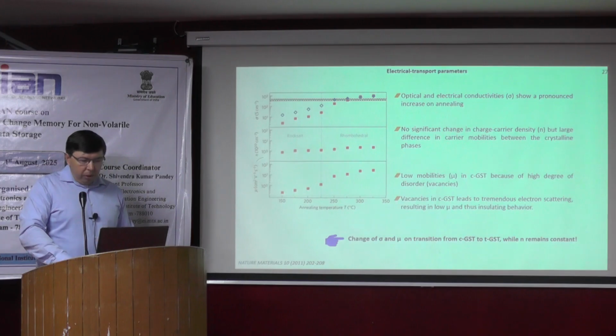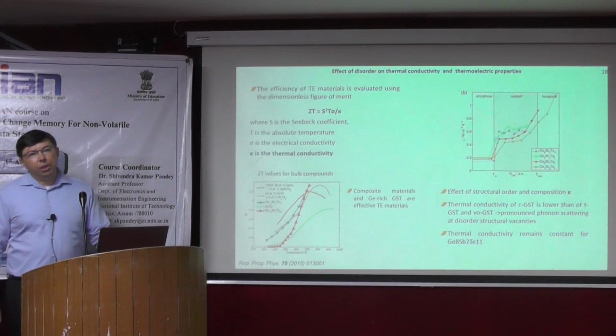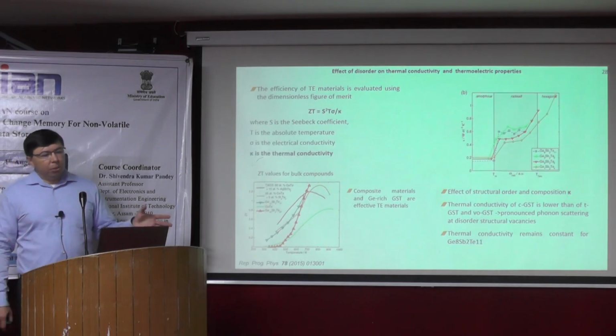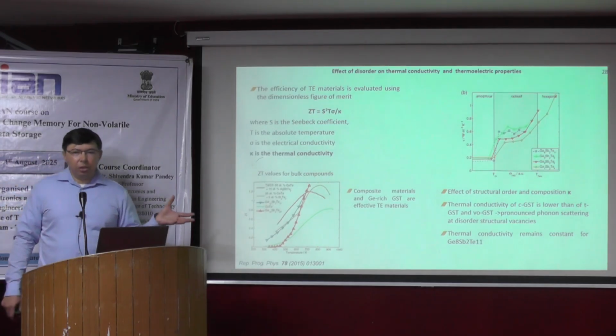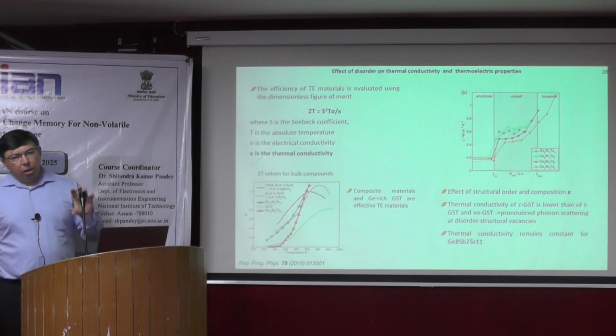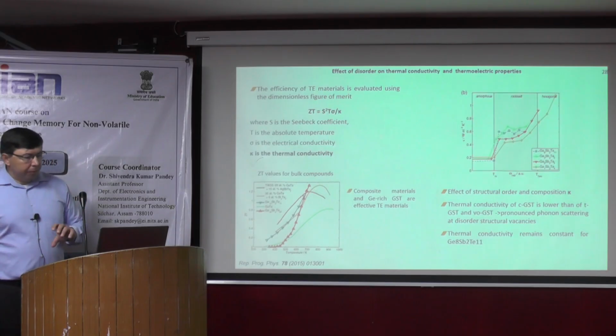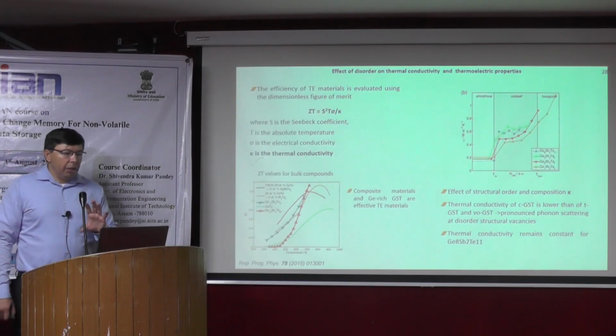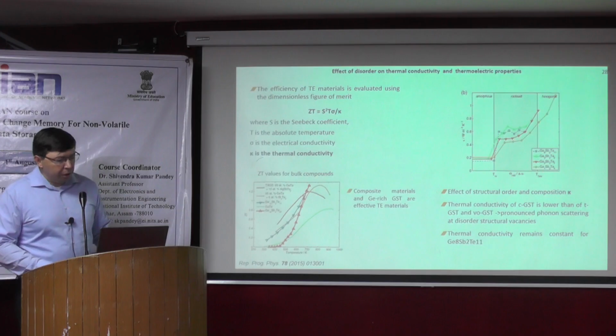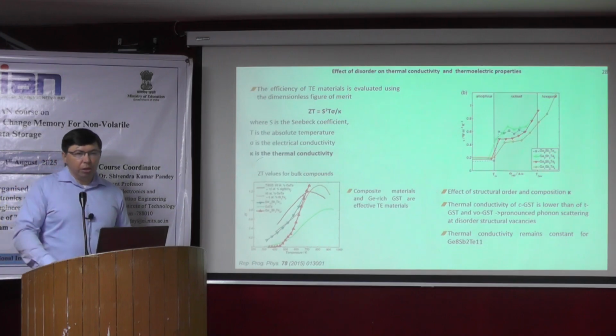So now let us look at another interesting application of phase change materials. Before, we learned that phase change materials can be applied for optical data storage and for memory, and there is also another application of this material, for thermoelectricity.